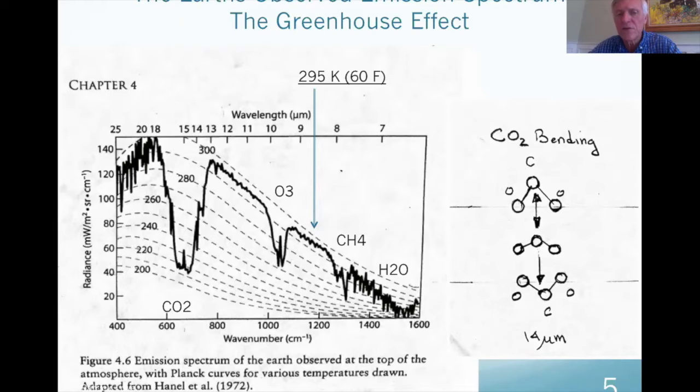But it means if you add CO2 to the atmosphere, the effect is not going to be linear with the amount of CO2 you add. For those of you who know a little math, the effect is going to be logarithmic. Another way to say that is if you double the CO2, you get an effect.